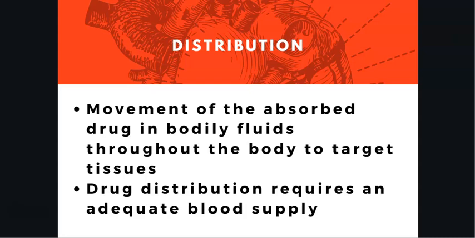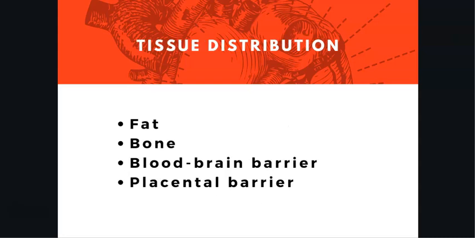Now, some properties affect distribution, because it depends on an adequate blood supply: water or lipid solubility, the size of the molecules, protein binding, and transporters. There are different types of distribution.